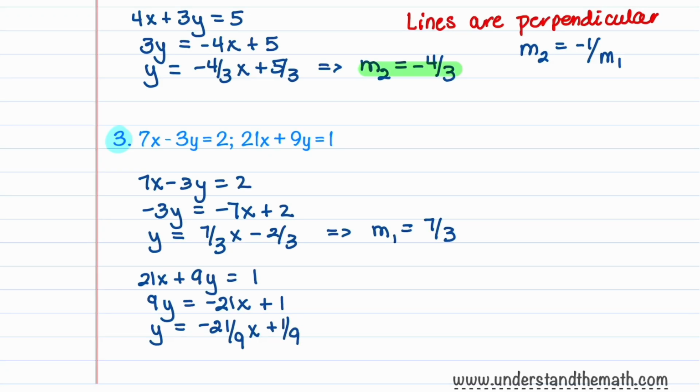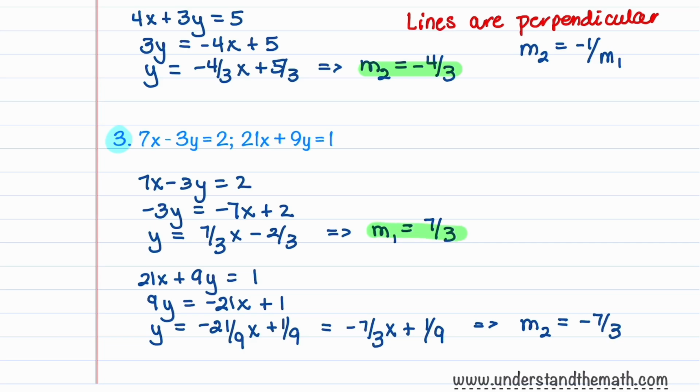Let's notice that 21 and 9 are both divisible by 3, so let's divide both of them by 3, and we get minus 7/3 x plus 1/9. This tells us that our slope, which we're going to call m2, the slope of our second equation, is equal to minus 7/3.